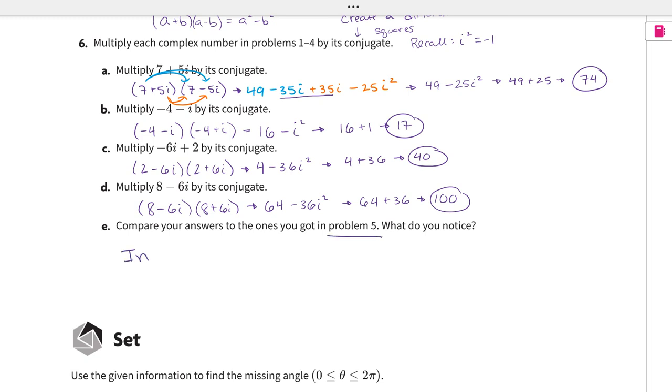So in problem 5, we had these results under the square root. I'll actually write the word square root.